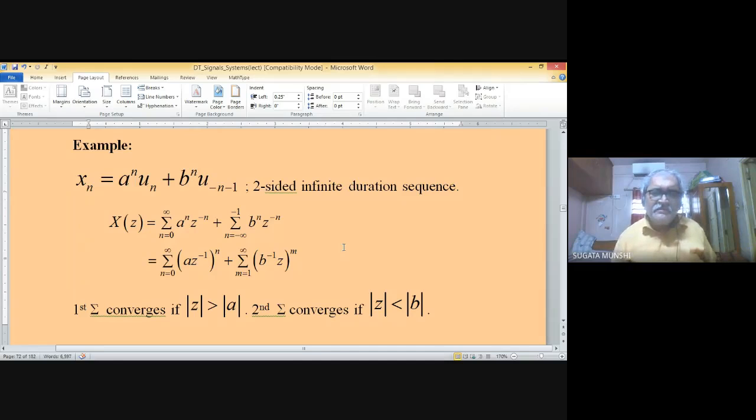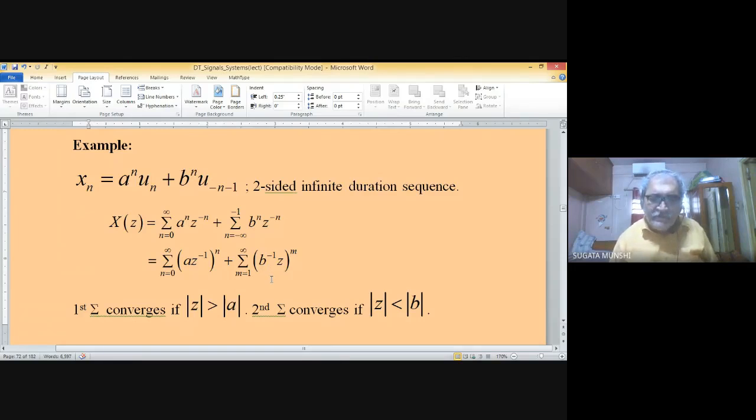So what will be the region of convergence of X(z)? Obviously, the region of convergence of X(z) is the common region, that means the region where both these ROCs overlap. That is the region where both these Z transforms will converge. For the convergence of X(z), it is necessary that each Z transform represented by these summations should also converge.